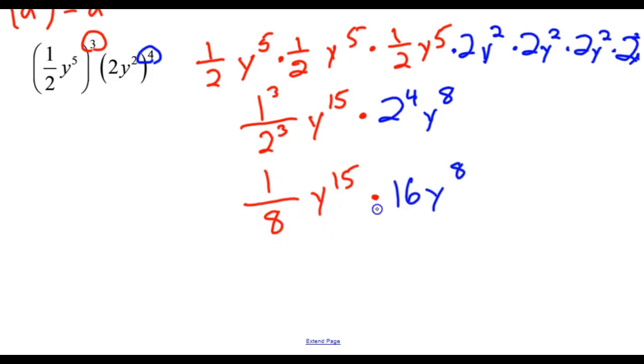So now we just got to combine them. We're multiplying so we can add these y's together. y to the 15th plus y to the 8th gives us y to the 23rd. Then we can do 1/8 times 16. 1/8 of 16 is going to give us 2. So 2 times y to the 23rd power is our answer.